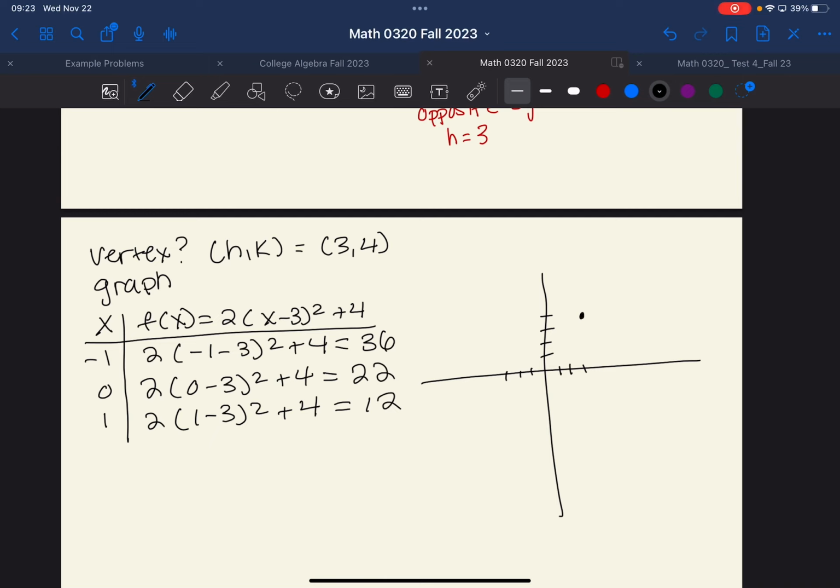Then I have -1, 36. So -1, 36, I'm just going to say is way up here. And then I have 0, 22. I'm going to say that's here. And then I have 1, 12, so right here. So I have half of my parabola. I know my parabola is symmetric, so I'm going to draw the other side here. And my graph looks something like this.